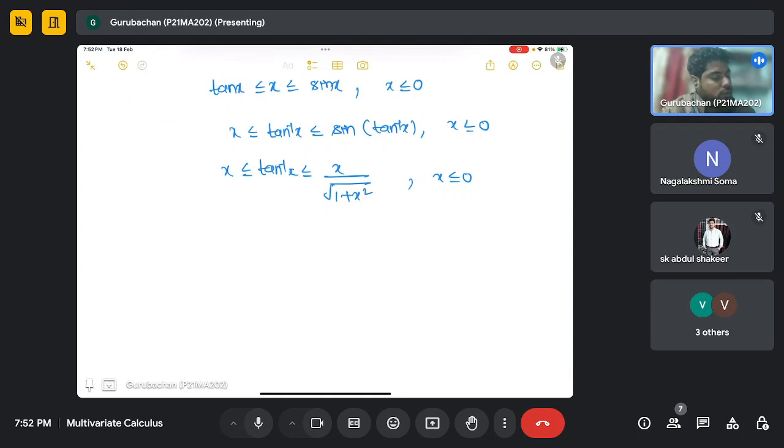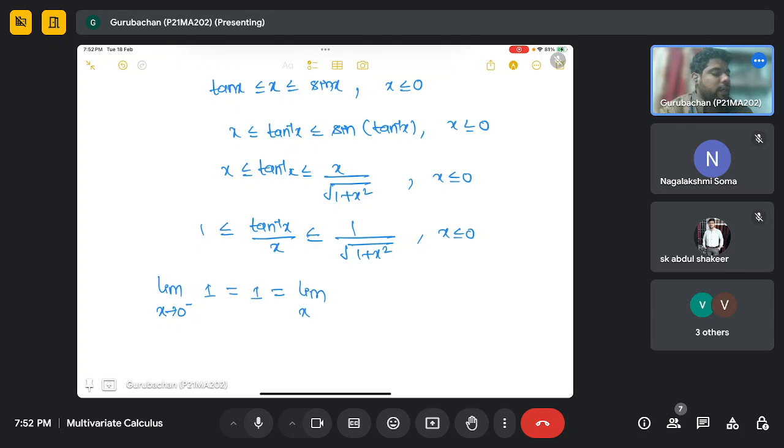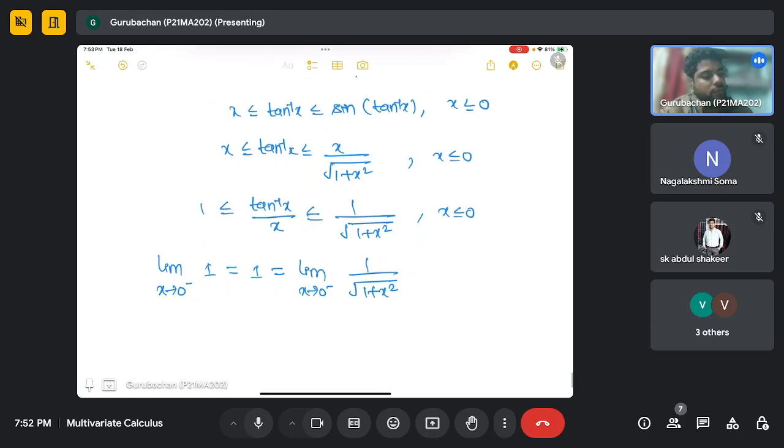Okay. So this is 1 less than tan inverse x divided by x, divided by... so this will give us the limit as x tends to 0 minus of 1 is 1, which is the same as the limit as x tends to 0 minus of 1 by under root 1 plus x square, which will give us, by the squeeze theorem, tan inverse x divided by x is nothing but 1.